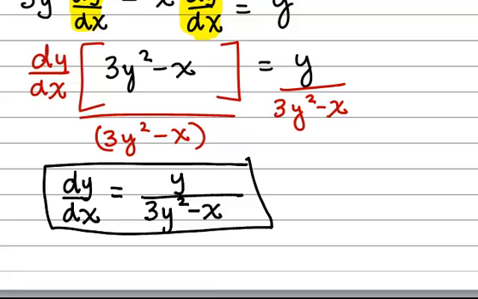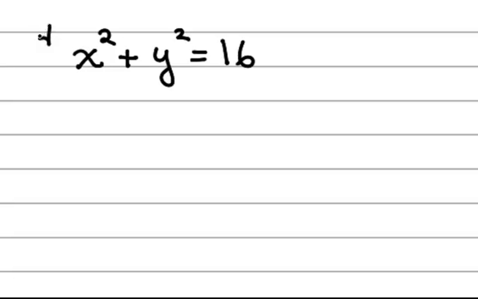Now, let's go back for just a second to our circle equation, x squared plus y squared equals 16. Technically, we can be taking the derivative with respect to anything, because x and y are dependent upon each other, as well as they could also be dependent upon other components.